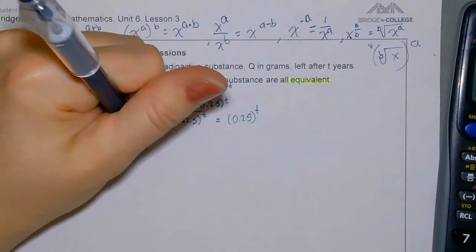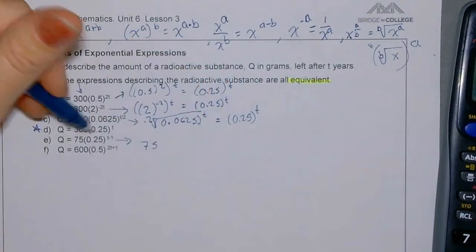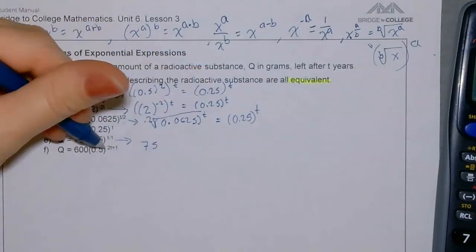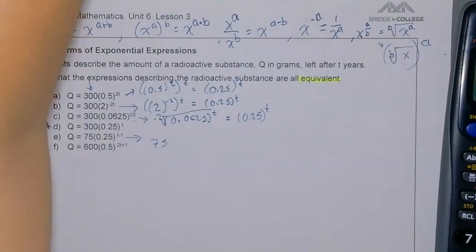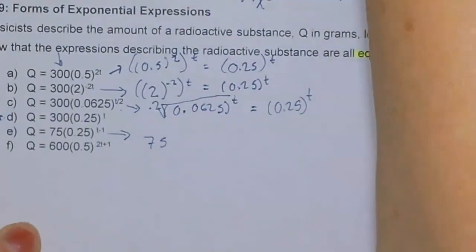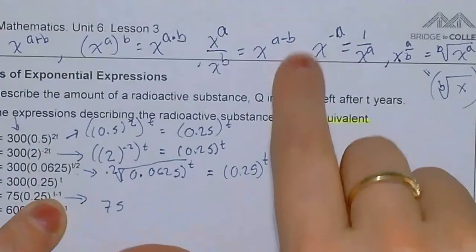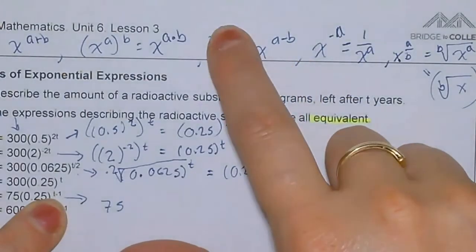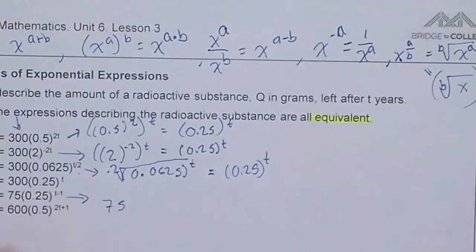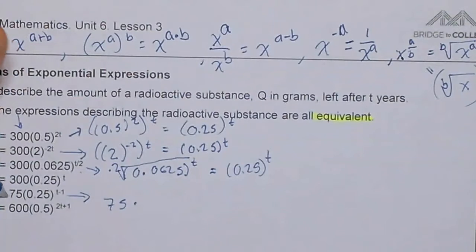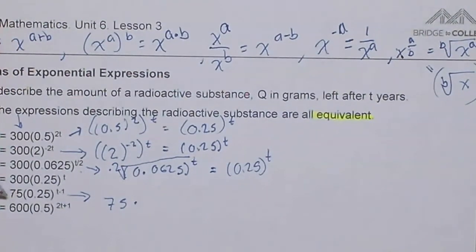We've got 75 times 0.25 to the t minus 1. If I'm subtracting the exponents, then to undo that we can rewrite it as division. So the 75 just hangs out front because that's not the base of the exponent.